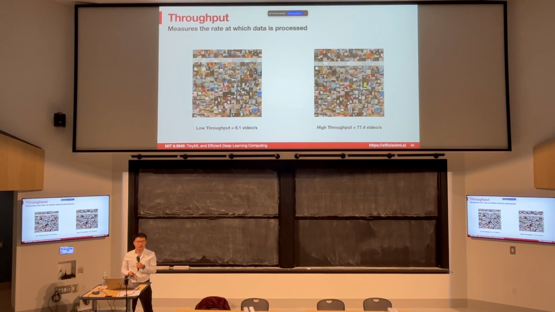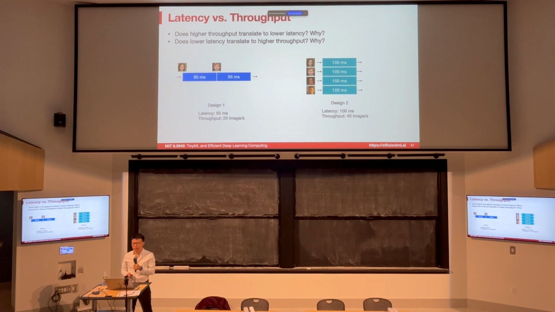So what is the relationship between latency and throughput? Does higher throughput translate to lower latency? Does lower latency translate to higher throughput? Let's see an example. In the first design, the latency is 50 milliseconds. So every 50 milliseconds, we can process one image. How many images can we process every second?